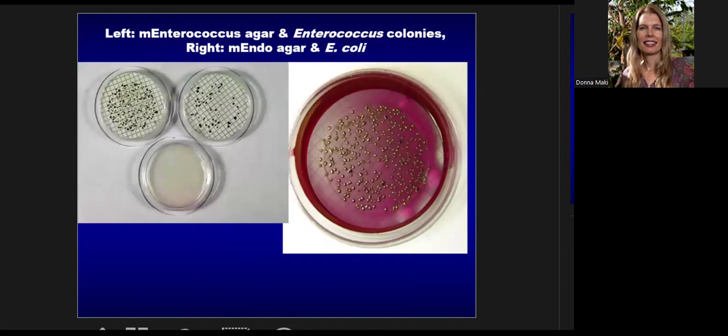So these were water samples that were taken at swimming beaches where they're assessing if they need to close the beach because of pollution. And so this would be one way to do that, where they take a sample and then run the membrane filtration technique and incubate, and then they count colonies.